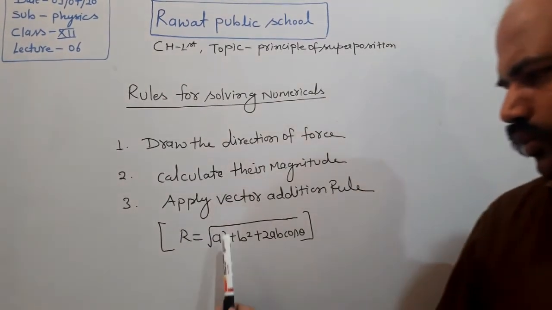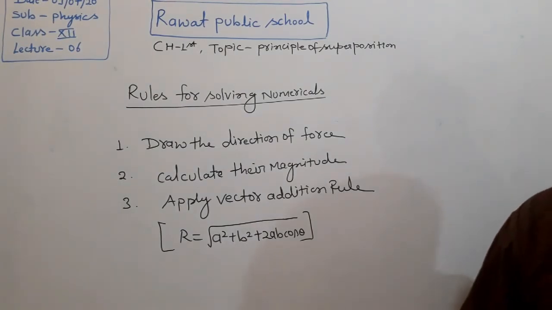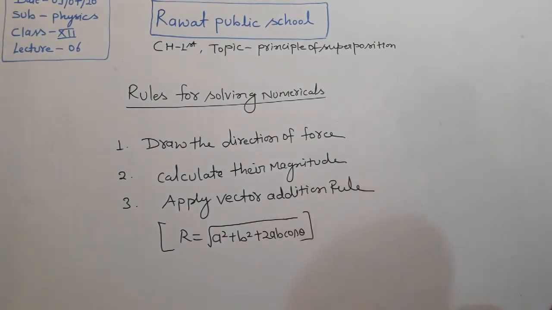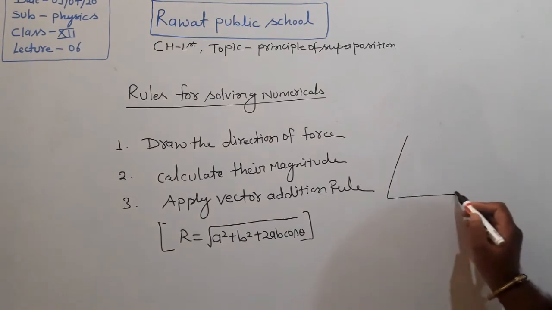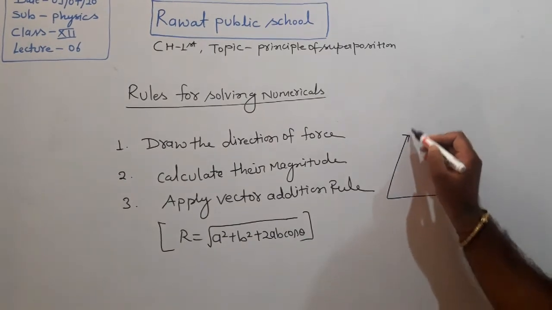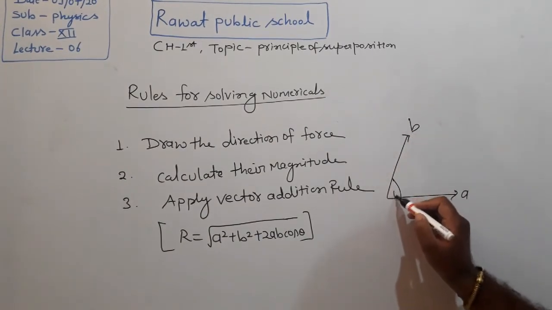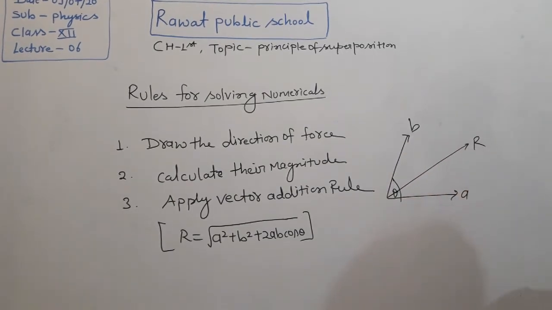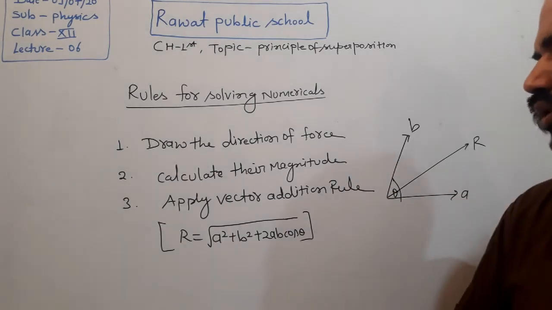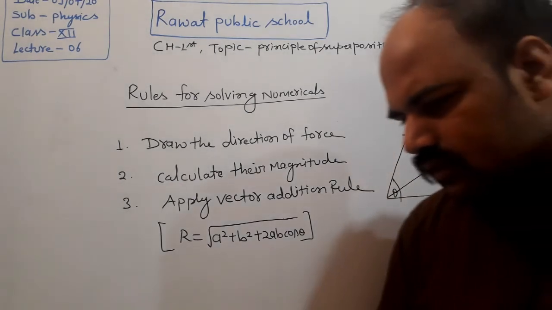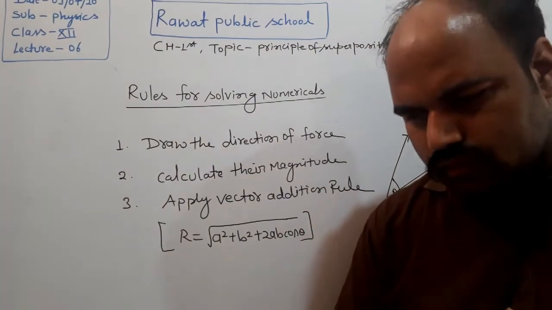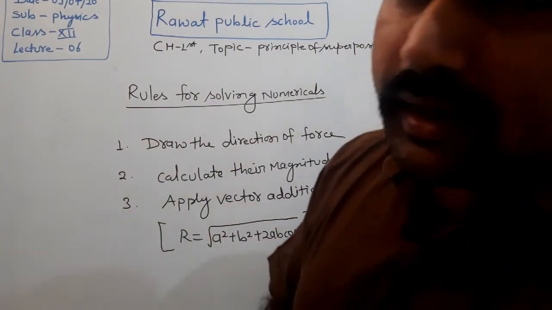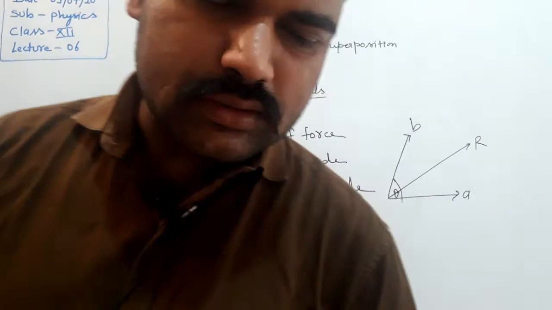R is equal to root of a square plus b square plus 2ab cos theta, where a and b are two vectors, the angle between them is theta, and this is their resultant. So by applying these rules we can calculate the net force on any charge.